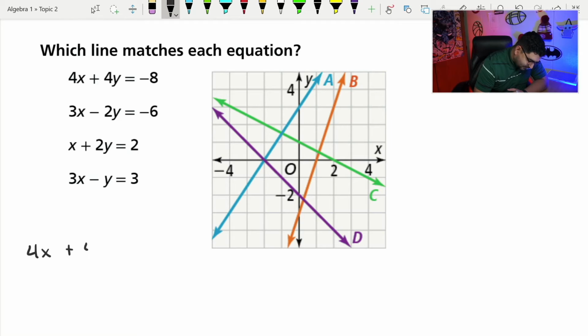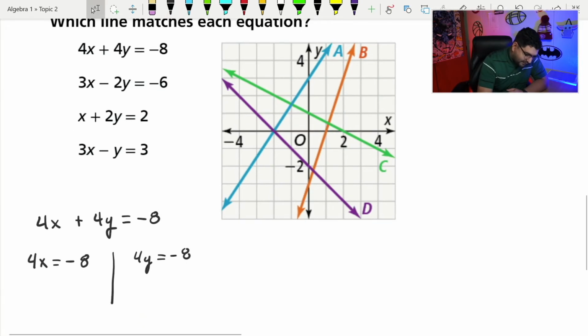If we were to plug in 0 for the y, we would get 4x equals negative 8. And if we were to plug in 0 for the x, we would get 4y equals negative 8. I could divide by 4 on both sides for each one.